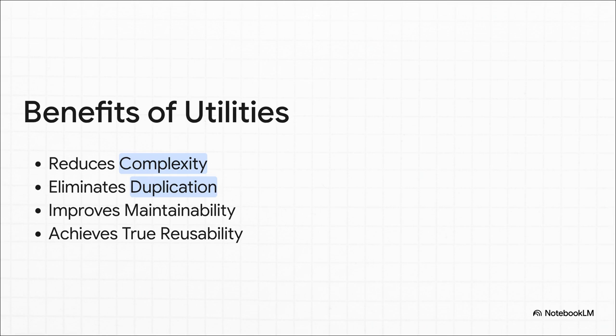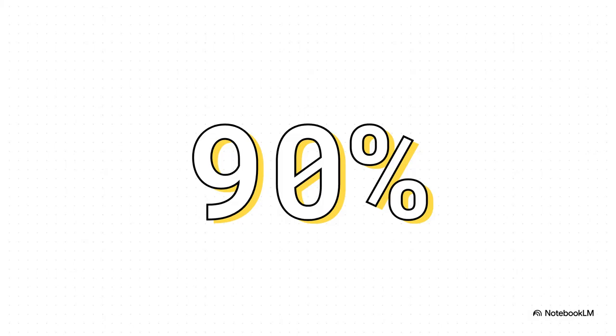With a utility file, you change it in one single place. That's a huge deal. And the impact here is not small. We're talking about a potential 90% reduction in data handling code inside your test cases. Let that sink in. 90%. All of that bloated, copy-pasted code, just gone. This isn't a minor tweak. This is a massive boost to your project's health and, honestly, your own sanity.